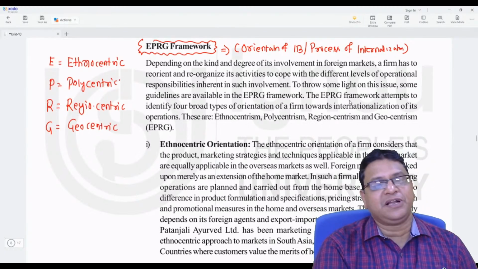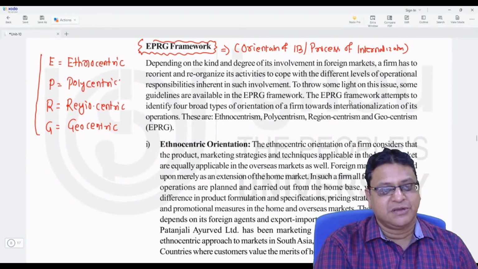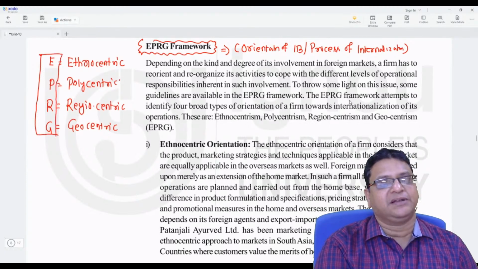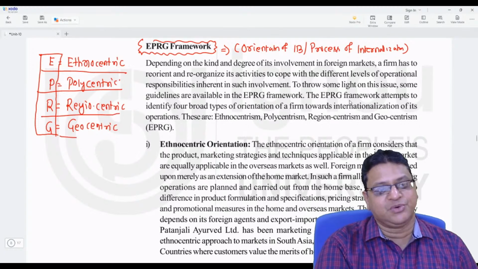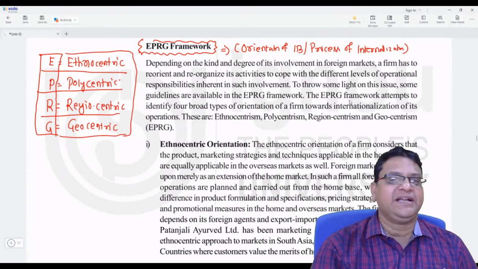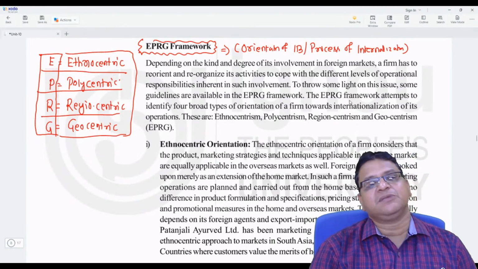These are different models, approaches for doing international business, that is the EPRG model. Ethnocentric, polycentric, regiocentric and geocentric. These are the four important approaches or orientations of doing international business.